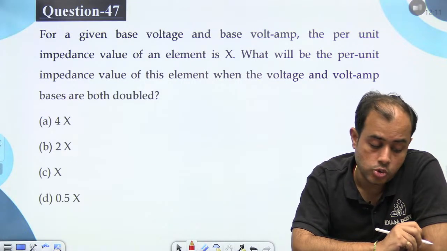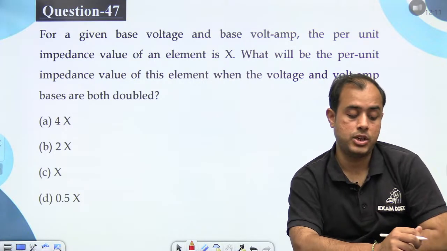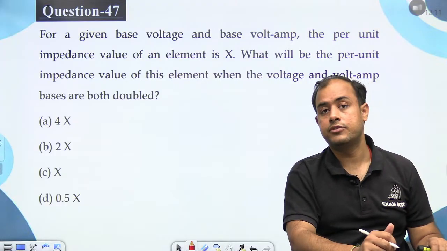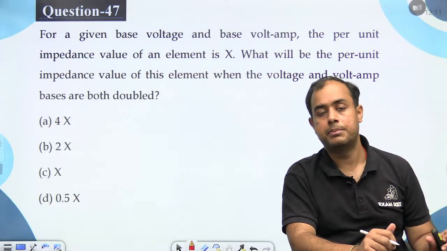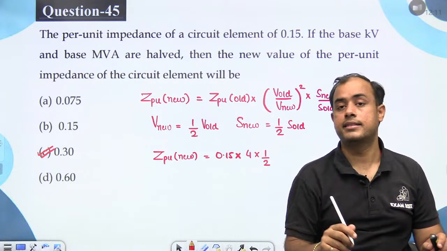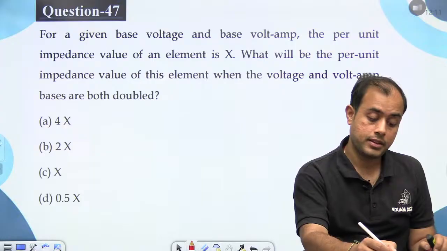ESE 2002 again, for a given base voltage and volt ampere, PU impedance is X. What is the PU impedance when voltage and volt ampere both are doubled? So this is same as this question. It will be 2x. नहीं, double किया, यहाँ पे half किया था.